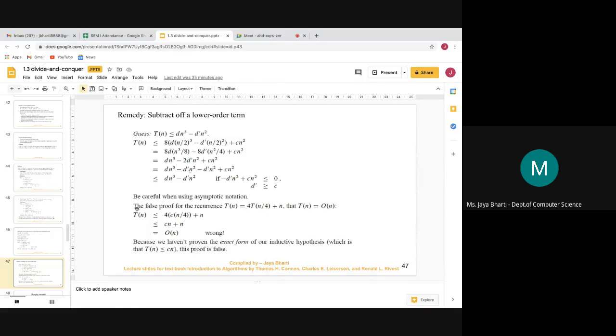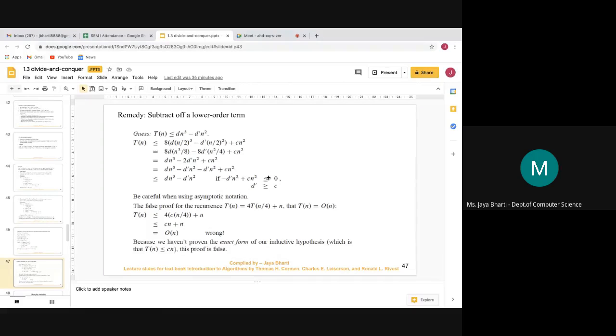Now this is the solution we are getting, and we need to get the solution d n cube minus d dash n square. So what we can do is equate the remaining term to zero, as we have done previously. Because we are considering the upper bound only, we will write minus d dash n square plus c n square is less than or equal to 0.